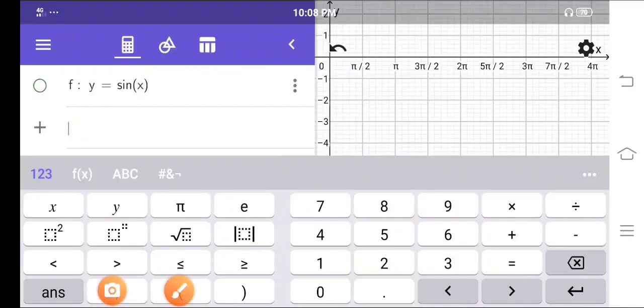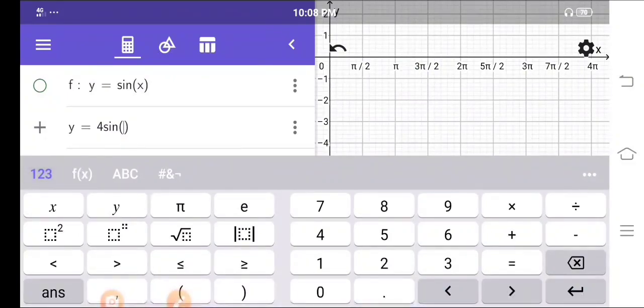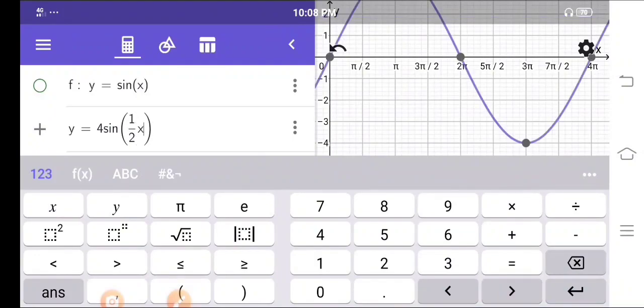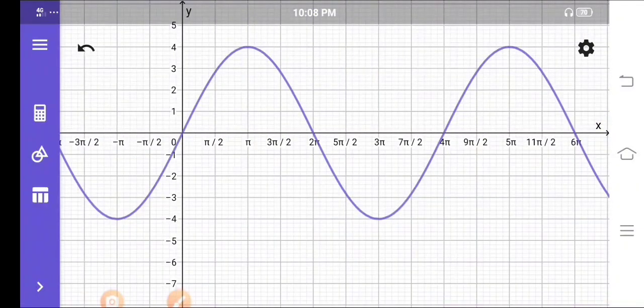Let us take another example. y is equal to 4 sine 1/2 x. The graph of the function looks like this one.